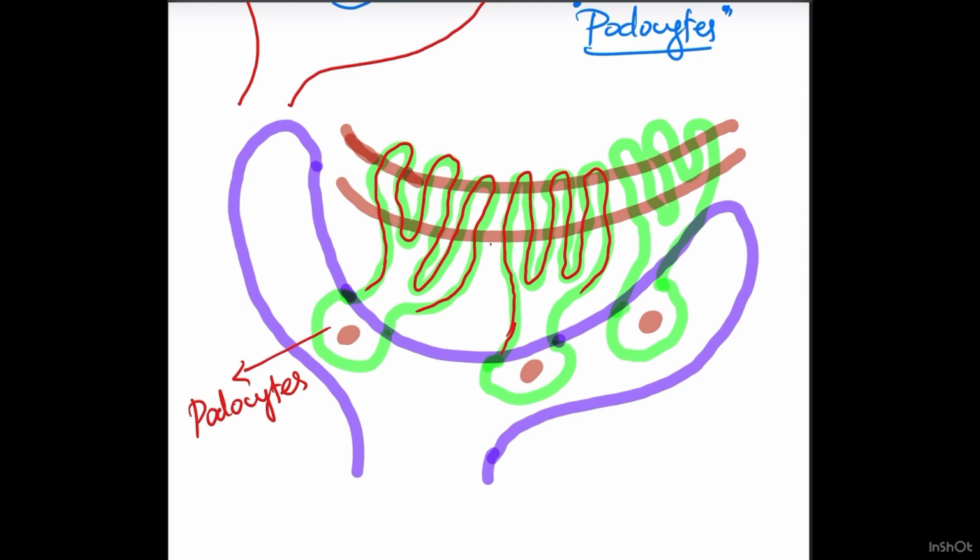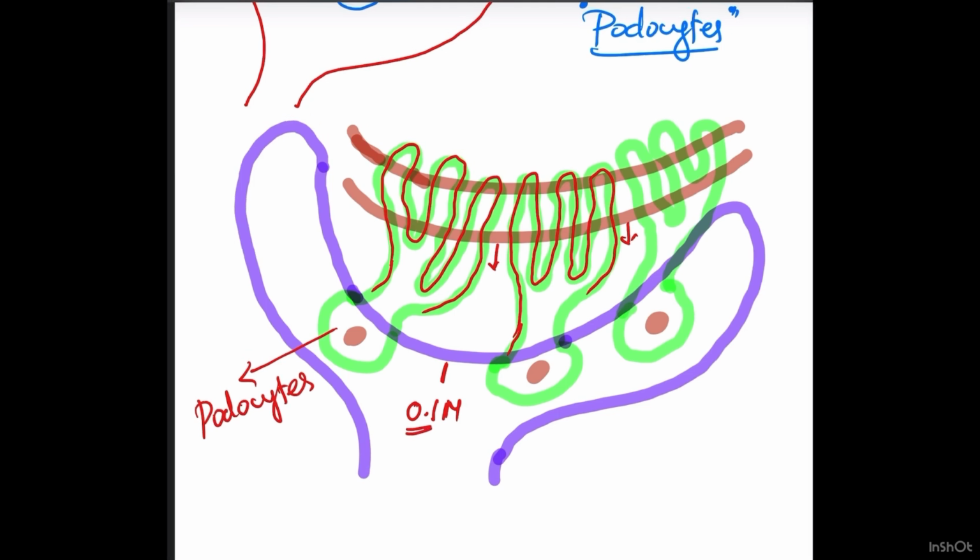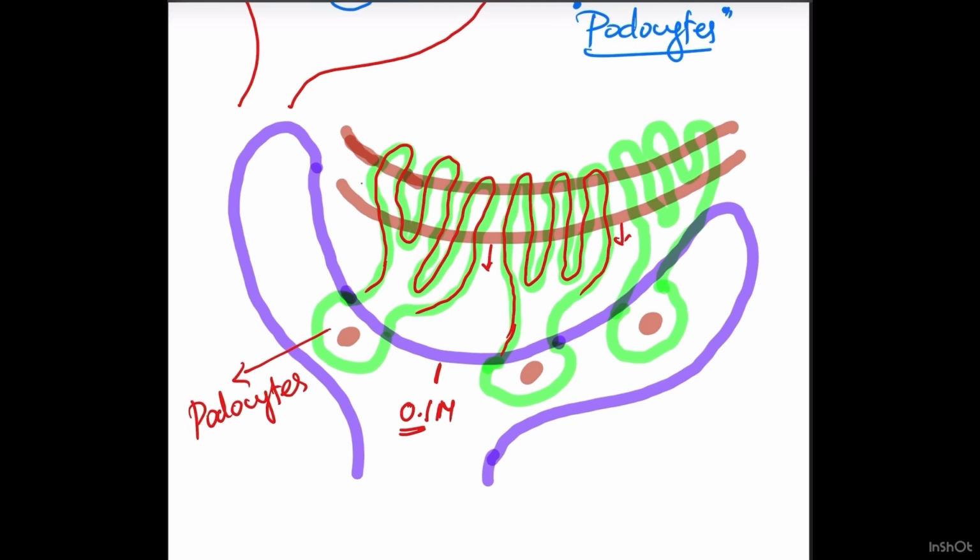Now you see there are slits, there are pores, and these pores are called filtration slits or filtration pores. Fenestra also you can call it. The fenestra size will be around 0.1 microns. So that when the blood is passing through here, the blood is easily filtered.